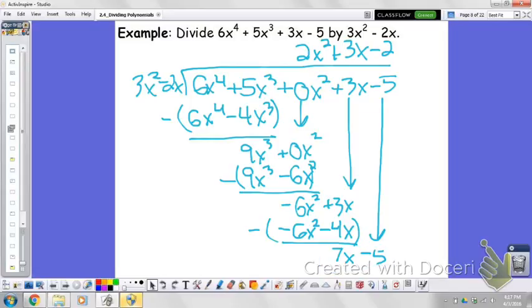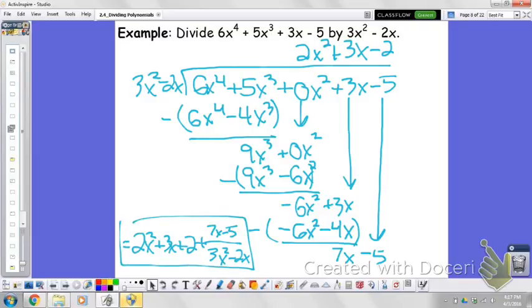And that is our remainder, so we write it just like we were writing the other remainders. So our solution is 2x squared plus 3x plus 2 plus 7x minus 5 over 3x squared minus 2x. So that is our solution.